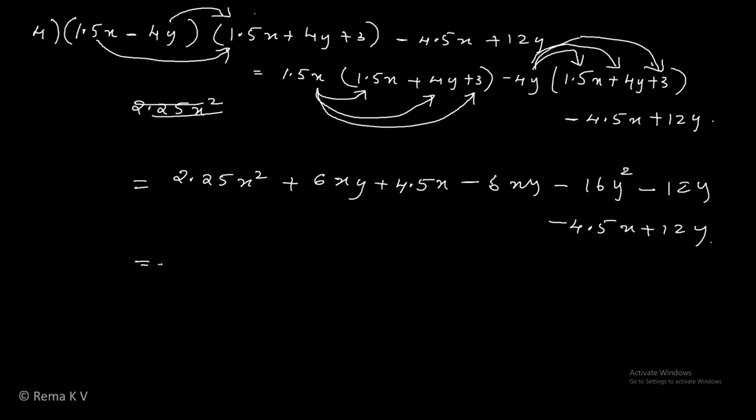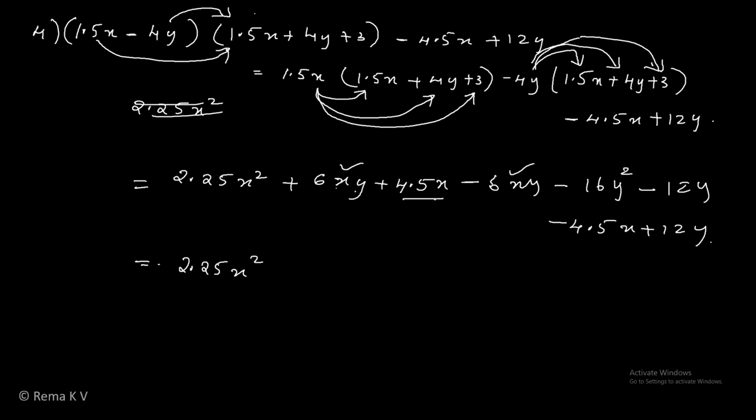So let us consider the like terms. With x², no other term is there. So let us write 2.25x². Then these two terms will get cancelled. 6xy minus 6xy.